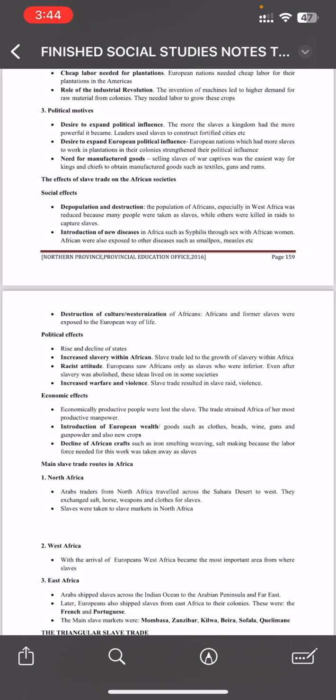Then introduction of European wealth or goods such as clothes, beads, guns, and gunpowder, and also new crops. So we were introduced to these new items. Decline of African crafts such as iron smelting, weaving, salt making because the labor force needed to work was taken away as slaves. We used to do all these things mentioned here before slavery.